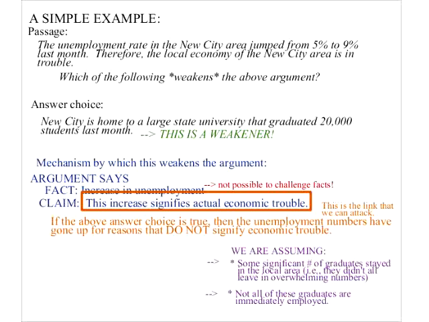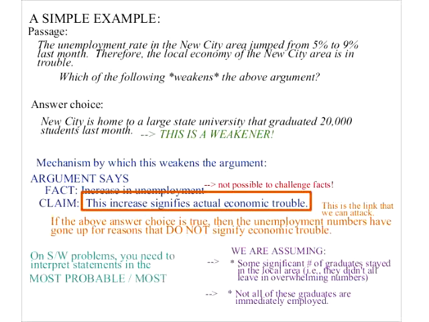So the point here is this, and this is going to come as a shock to people who are used to the kind of thinking that you use on draw the conclusion and so on. But on strengthen, weaken problems, you need to interpret statements in the most probable or most reasonable way, like a common sense sort of way.